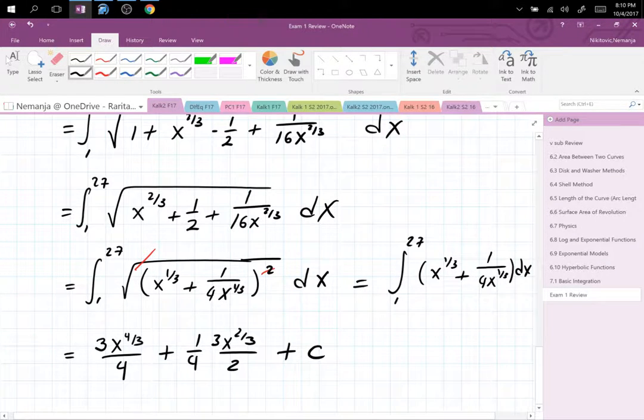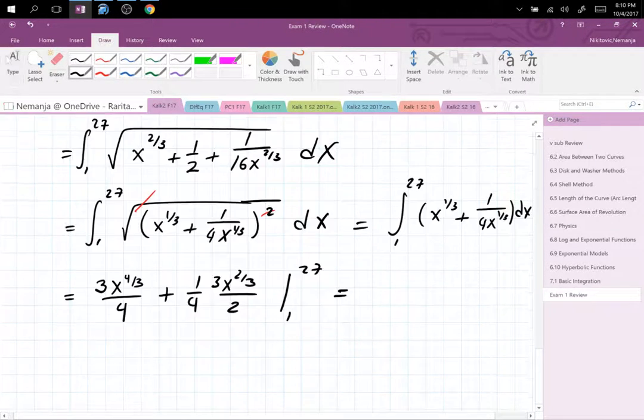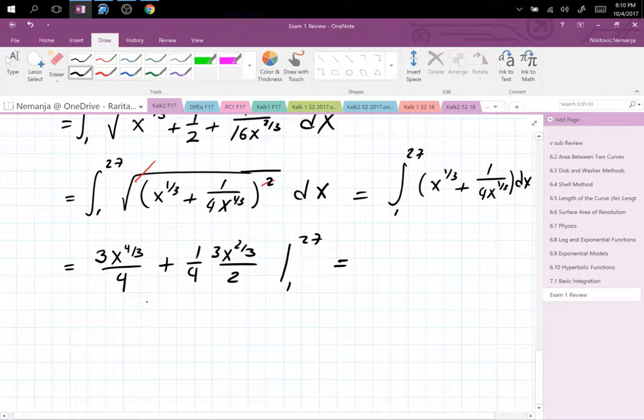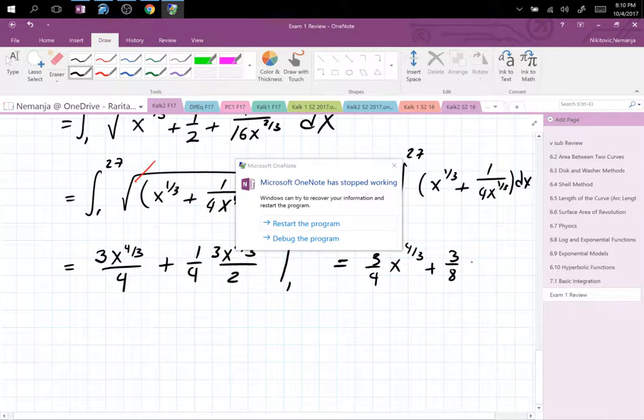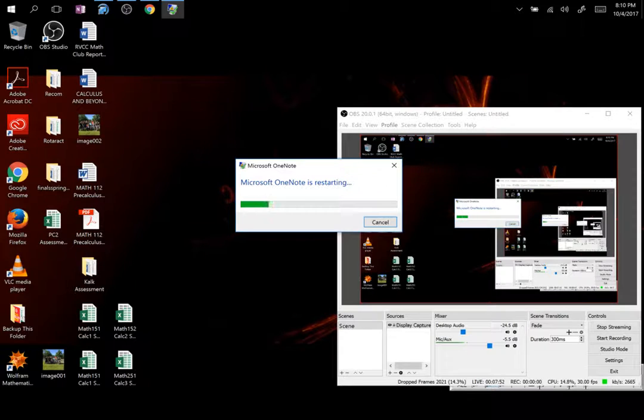And then we have plus, oh no, we don't have plus c, we have the computation from 1 to 27. So now we simplify everything. We have 3/4 x to the 4/3 plus 3/8 x to the 2/3.